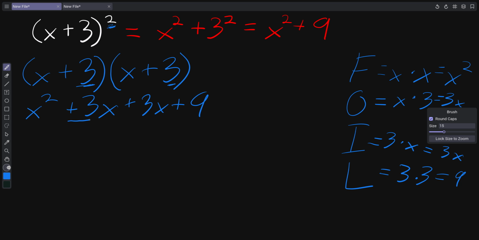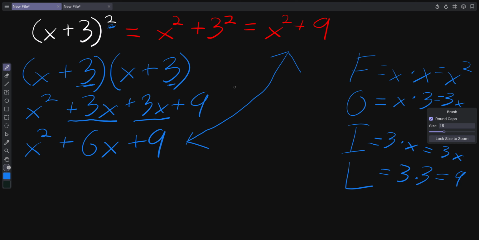Then the 3x here and the 3x here add together because these are like terms. So we wind up with x squared plus 6x plus 9 as our final answer, which is different to what we wrote before because what we wrote before did not account for the 6x.